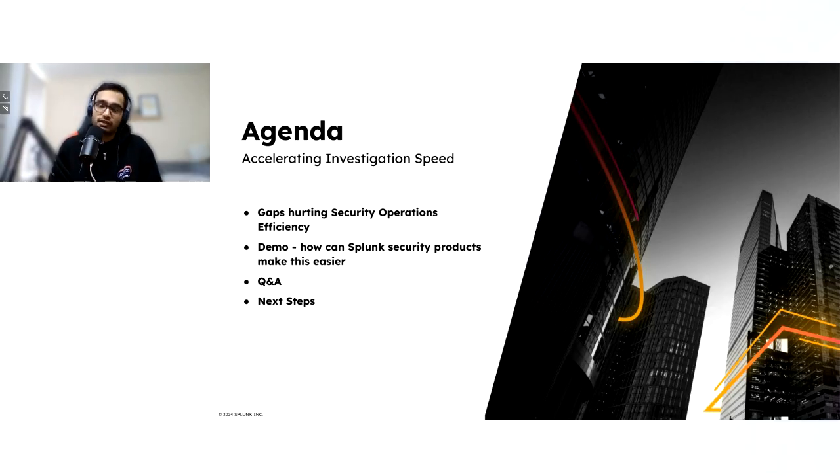I think some of the concepts apply irrespective of what stack you're currently running and what tools you currently own from Splunk versus not. So I think you'll get a lot of value from the discussion, but the demonstration will go through a bunch of Splunk products showing you exactly an example of how we can help you improve automation in your TDIR process.